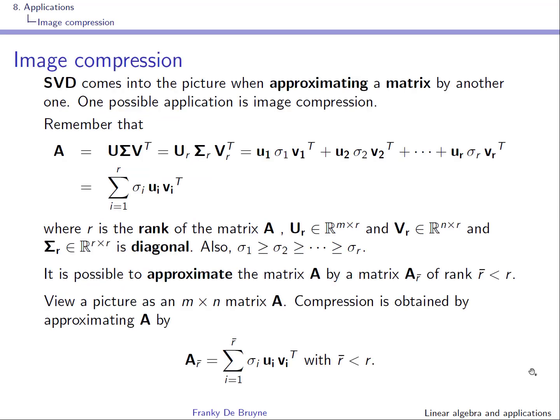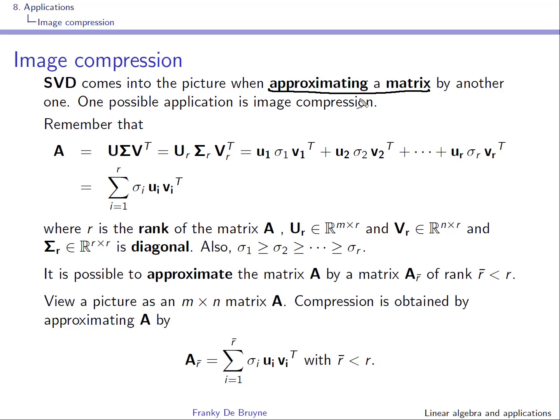So, image compression. The SVD comes into the picture each time you want to approximate a matrix by another matrix. This is, for instance, the case for image compression, and I'm using this example to show you how good the SVD is, not to actually tell you to do image compression this way, because there are algorithms that are much better than the SVD to do image compression, but you can see things visually.